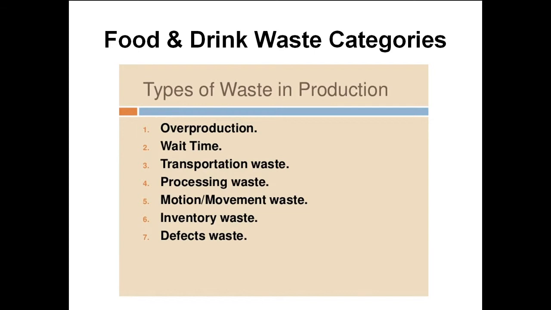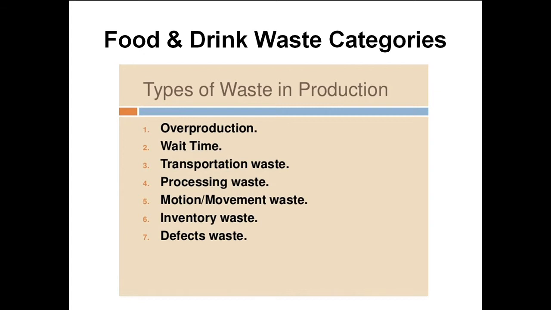Anyway, let's go through the different categories we've got in waste production. One of them is overproduction. Food is produced, it cannot be sold in time, the production has been too high, the demand isn't there. The problem with food is it only has a limited time span of being fresh, of being able to be sold. So if it doesn't get sold within 1 or 2 days, it has to be thrown away.